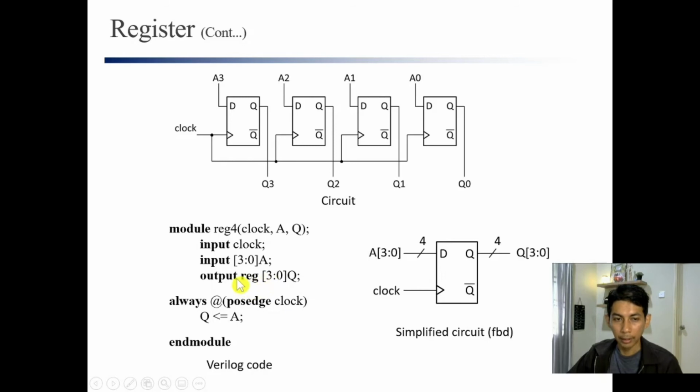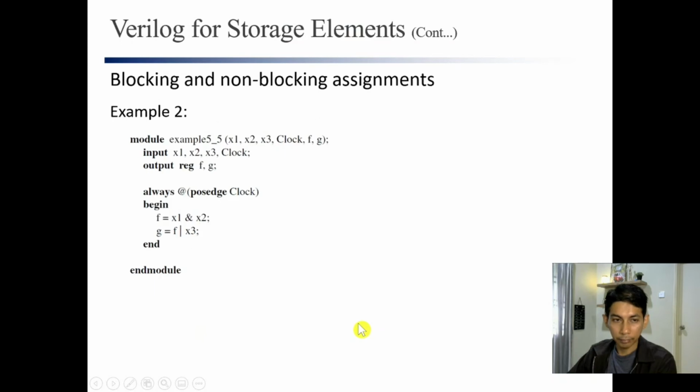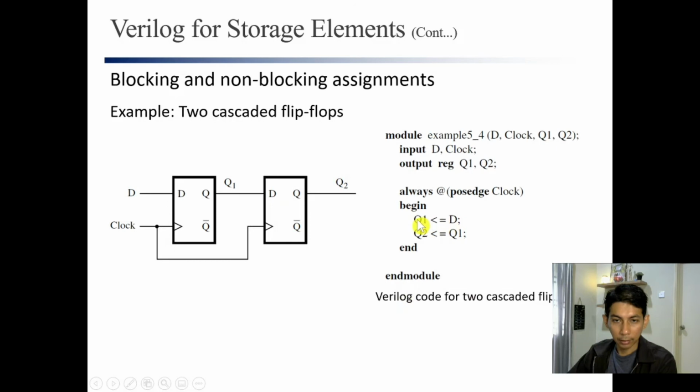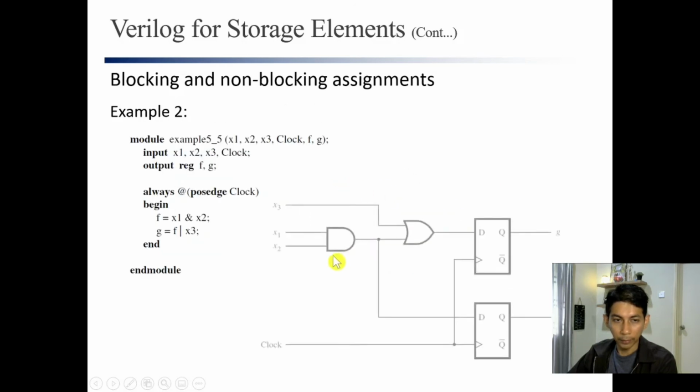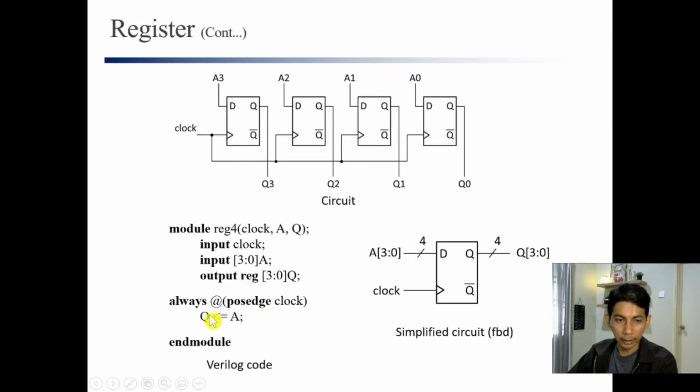And you see what is different between this and this? Is it different? One flip-flop and more flip-flops. No different, right? A is assigned to Q. But the difference now is that A is more than one bit.